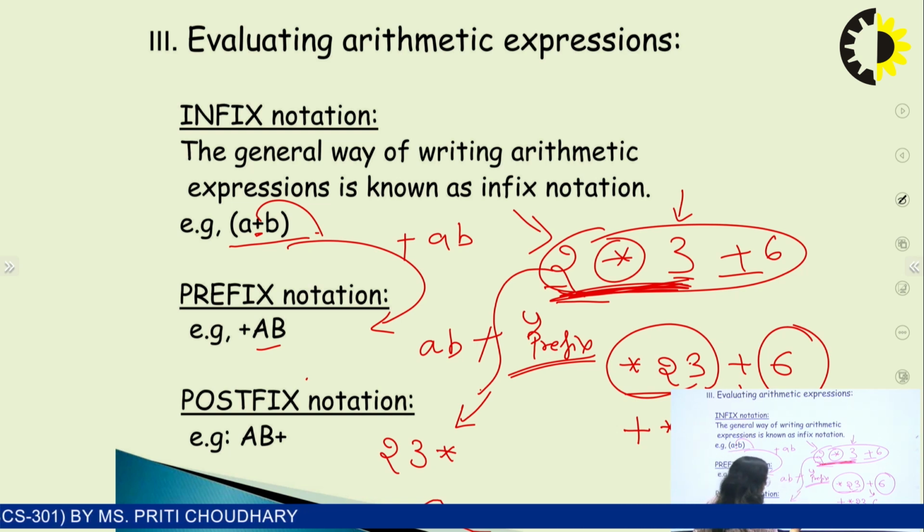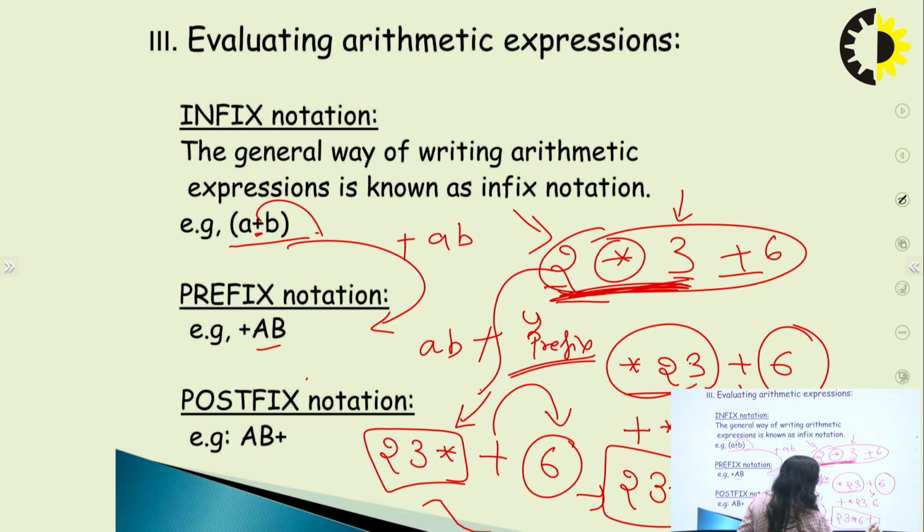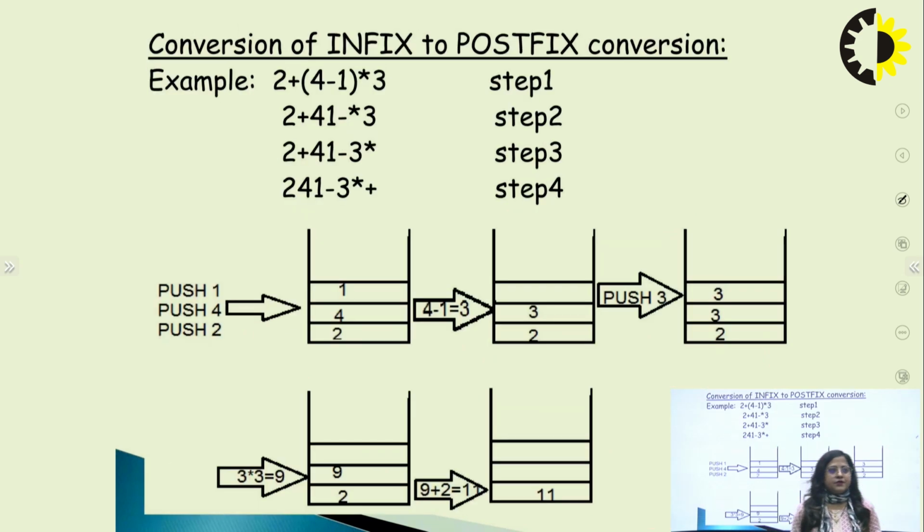Now the same with plus 6. It works likewise: this is the first operand and this is the second operand. Now convert into postfix again. So first operand 2, 3, star, then 6, then apply the operator plus. So this is called postfix. So, got it? How to convert infix notation to prefix and how to convert infix notation to postfix.